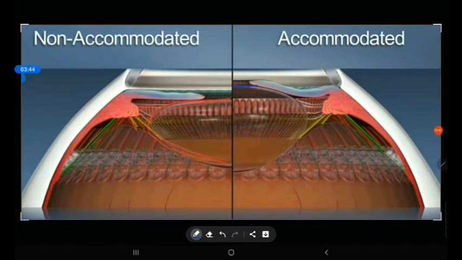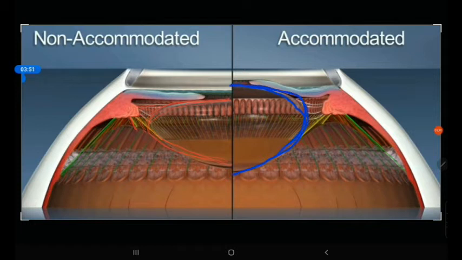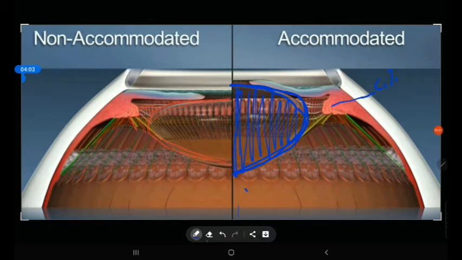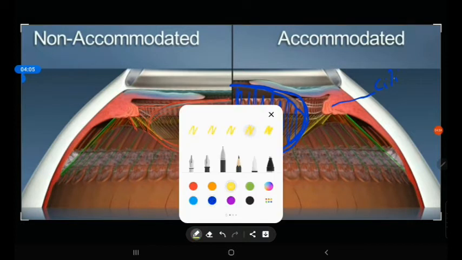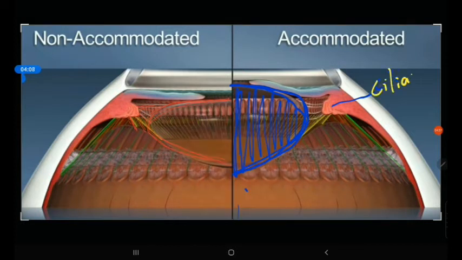But when the eye is getting focused to a nearby object, the thickness of the lens increases. This is because of contraction of the ciliary muscles, which are located in the ciliary body.